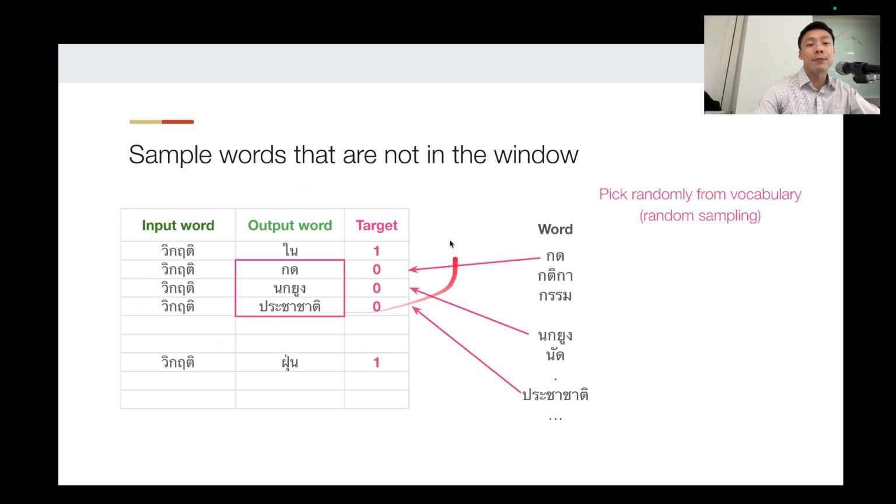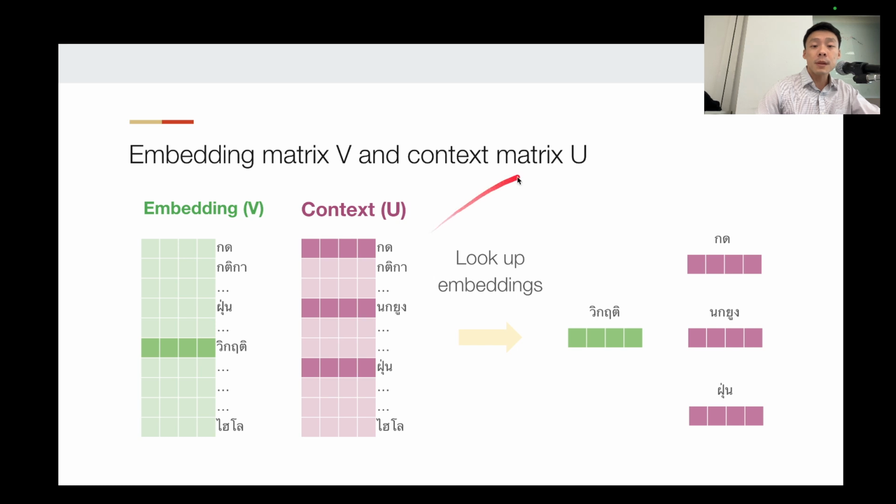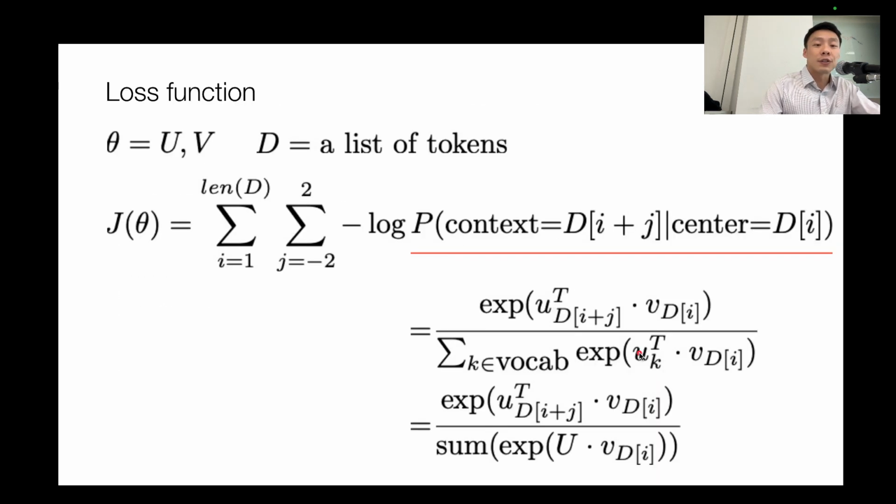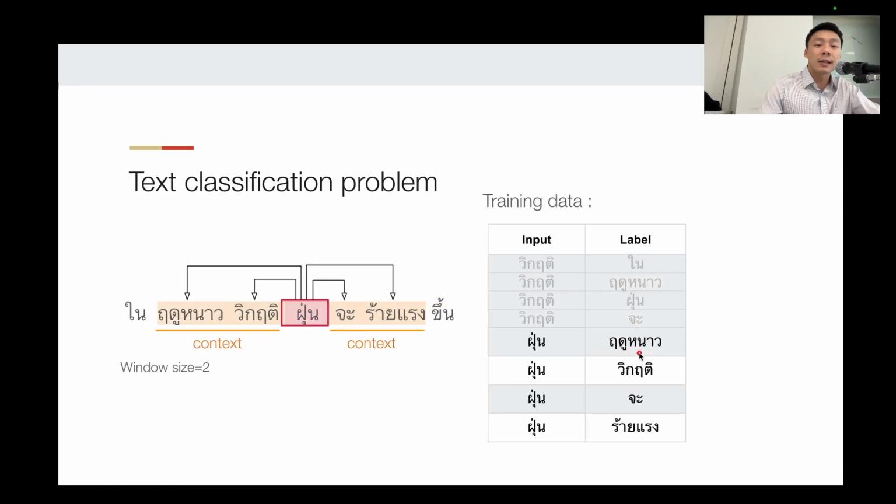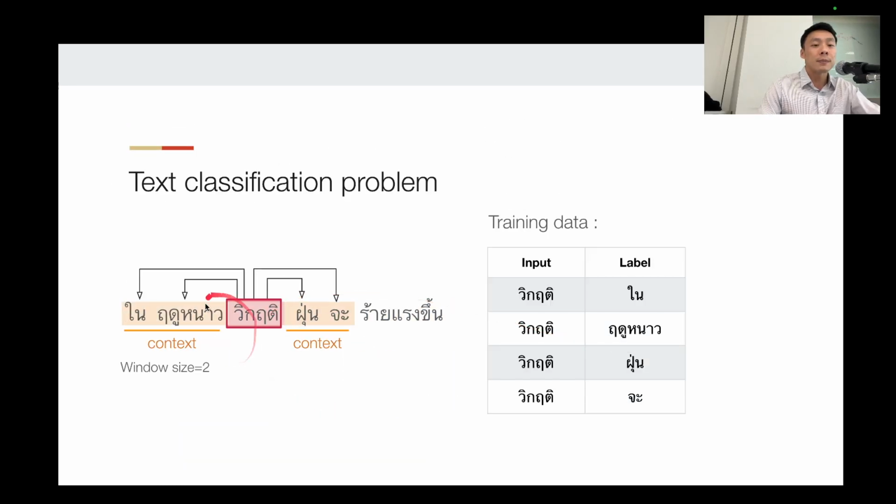So you have these extra training samples. To compute the probability now is very easy. You have two sets of embeddings. The first set of embedding is for the word that's in the center, in this case, Vikrit. Just a reminder, our data set looks like this. This is what I mean by the word in the center.